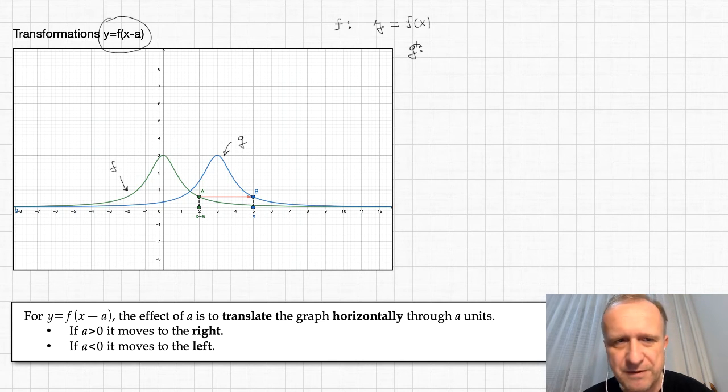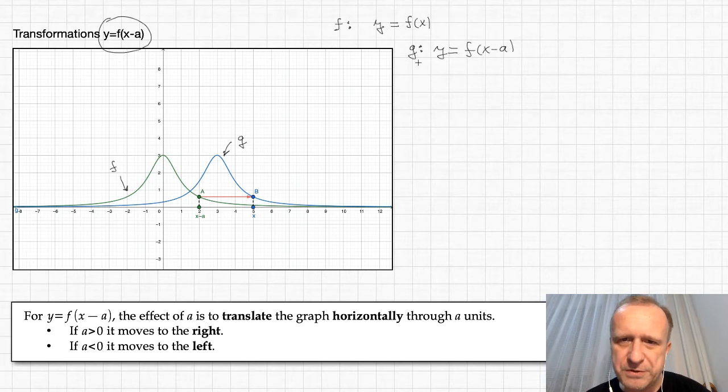The g function takes the value of x, first calculates x minus a, then uses the function f to calculate the function value and assigns that to y. So y is given by f of x minus a. This is the formula for the new function.